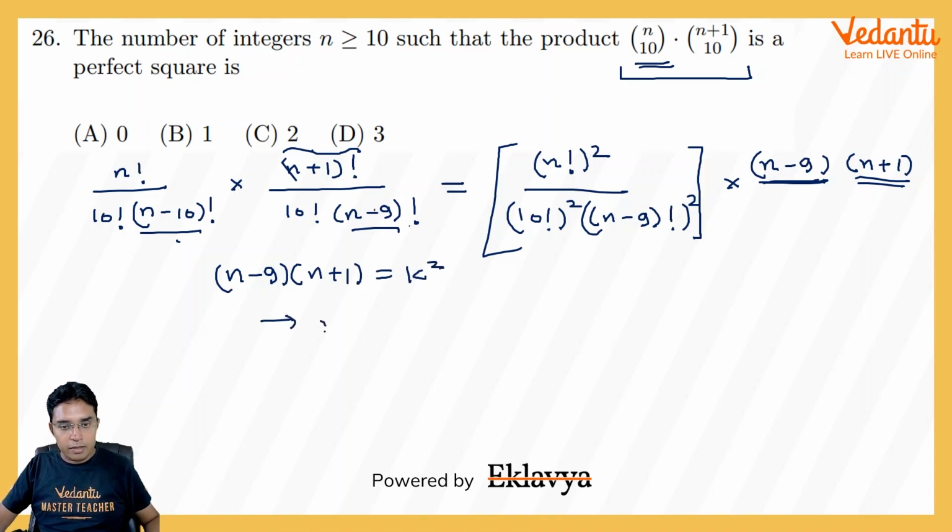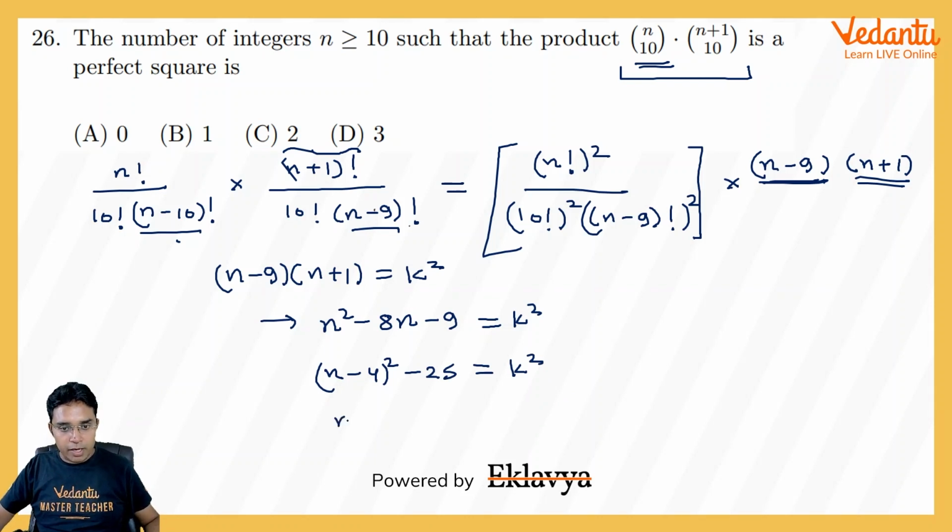And for that we will multiply it, we will get n square minus 8n minus 9 is equal to k square. If we make this a perfect square, it will be (n minus 4) whole square plus 16 minus 19, I think it will be minus 25 here, is equal to k square.